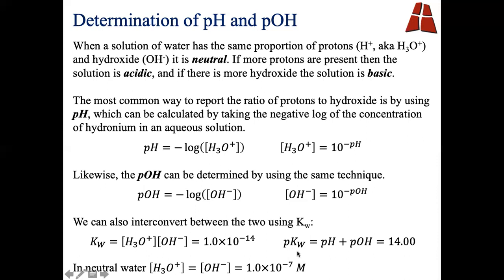That means our pKw is equal to our pH plus our pOH, which will be 14. It would also mean that in neutral water, we have a concentration of hydronium equal to the concentration of hydroxide, where both concentrations are 1.0 times 10 to the negative 7th molar.